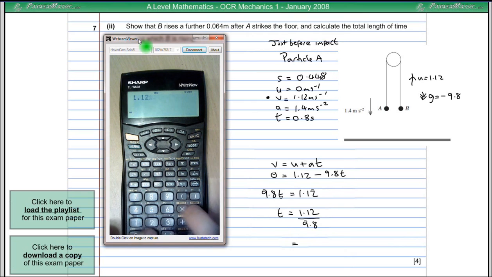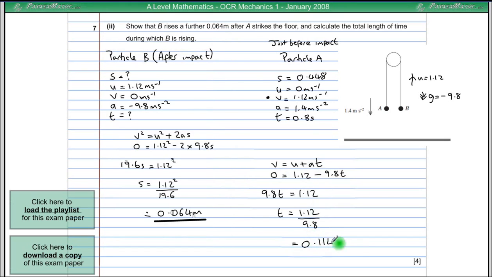So 1.12 divided by 9.8 is 0.114. However, this isn't our final answer for t, because we want the total length of time during which B is rising.